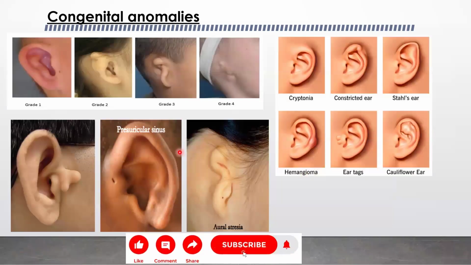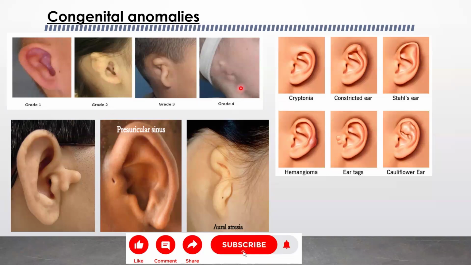Maybe to finalize, you have some anomalies at this point. So we'll have some congenital anomalies, starting off with microtia. Microtia means smaller ears, of which you have various degrees: first degree, second degree, third degree, and fourth degree.